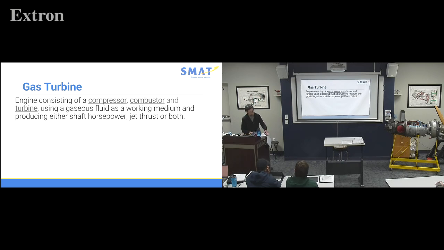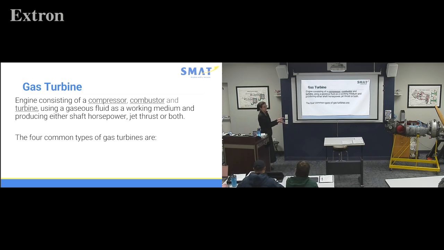Now, this is something you for sure need to know. Oh, and you can be taking notes now. I forgot to say that. You can start looking at this. So we talked about the four jet engines. Now we're talking about types of gas turbines. For the whole rest of the class, sorry, we're not going to talk about rockets anymore.